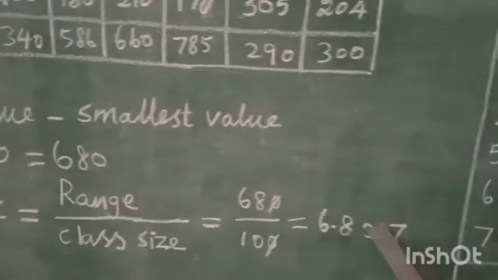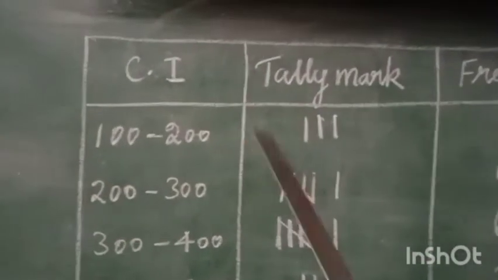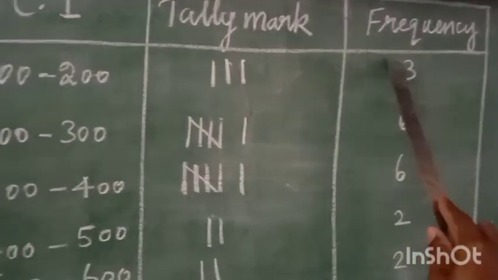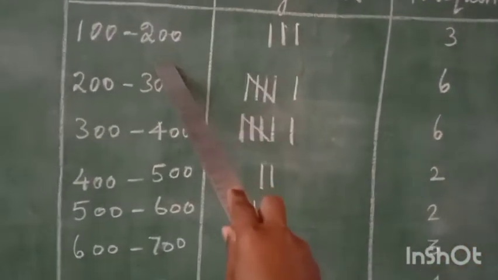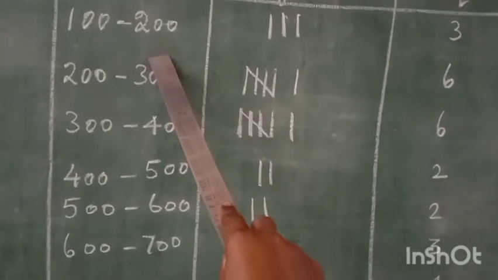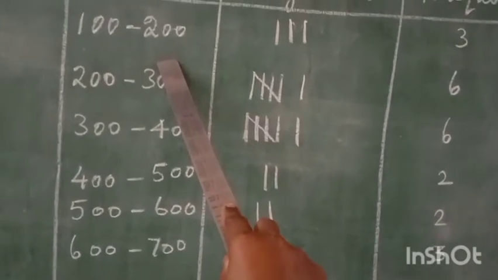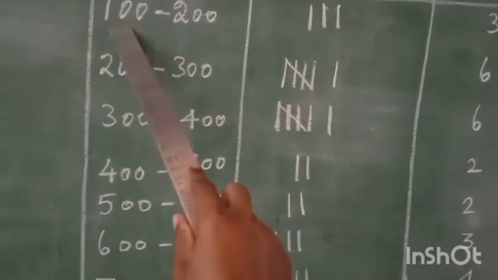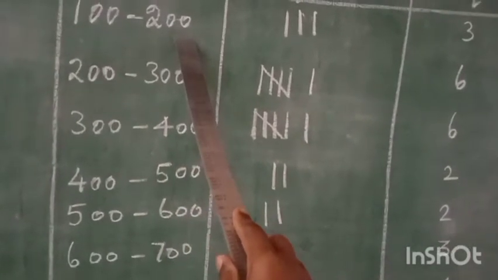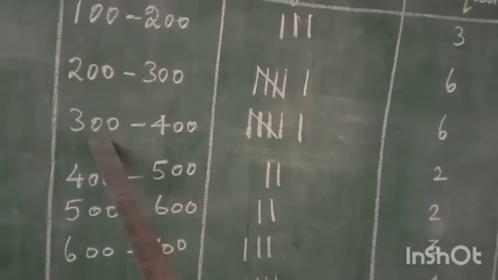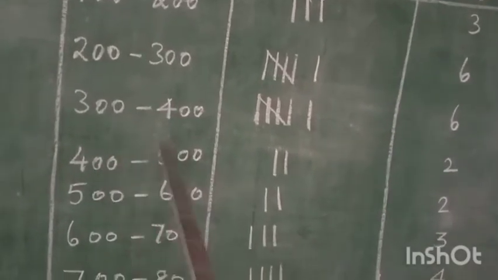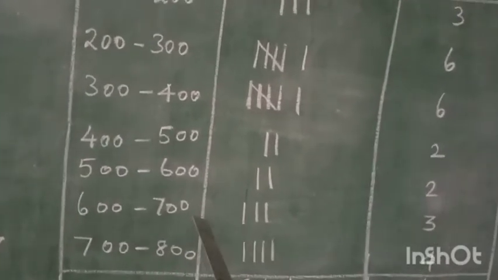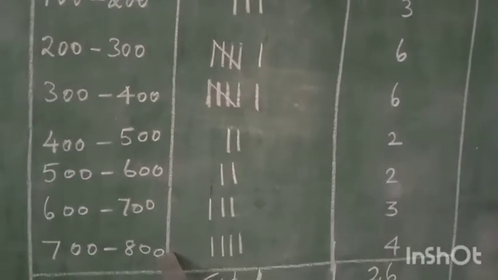So how to frame the table? Listen. First take the columns: class interval, tally mark, frequency. The number of class intervals we found is nearly 7, and the smallest number is 120, so take 100 to 200, 200 to 300, 300 to 400, 400 to 500, 500 to 600, 600 to 700, 700 to 800.